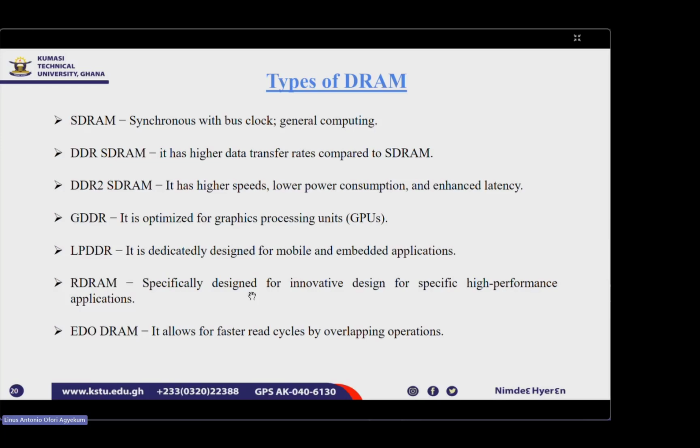Even though it can be volatile, these capacitors are able to store some data. So during the time of refreshing, you don't lose the data, but it keeps the integrity of the data. Thank you, sir. All right.